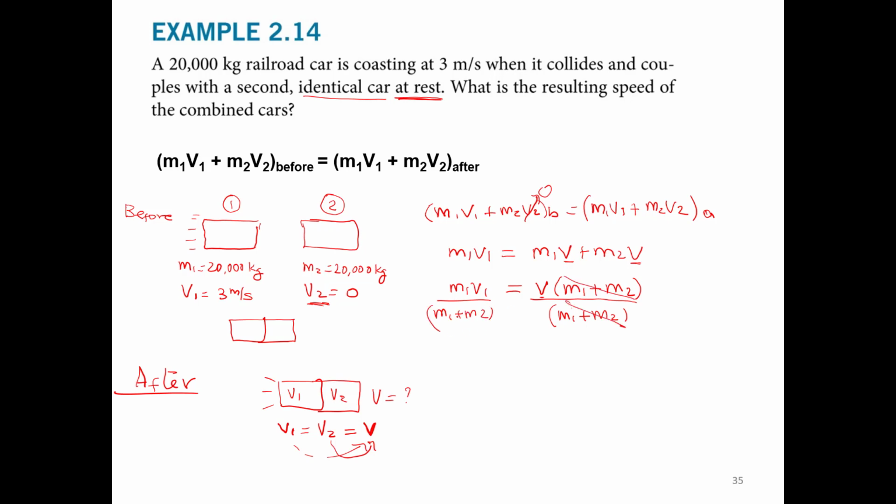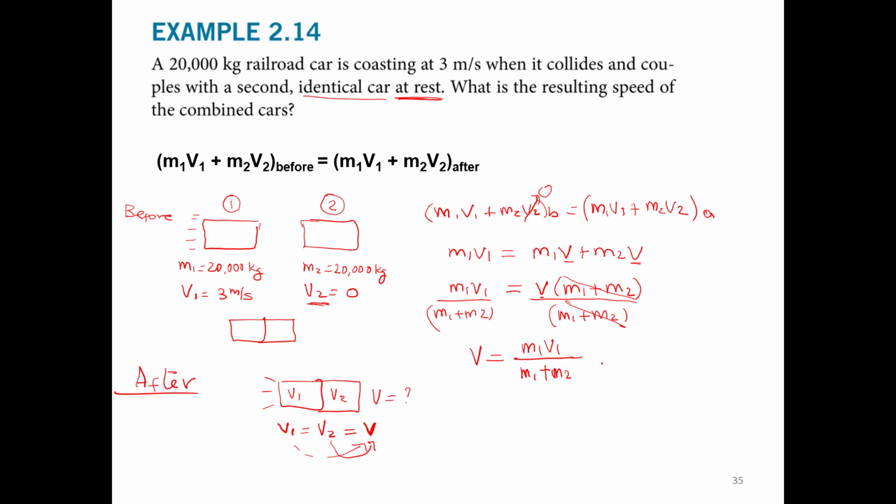This cancels out, and finally we have the velocity of the combined cars will be, as you can see, this equation is different. Now what we need to do is just replace the values and calculate the velocity.